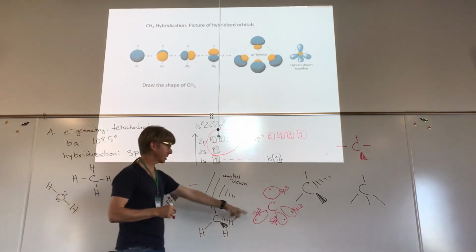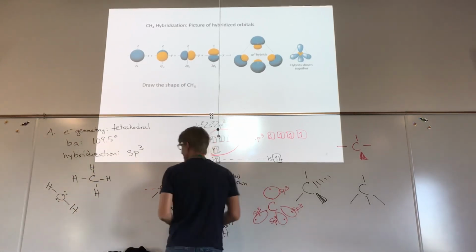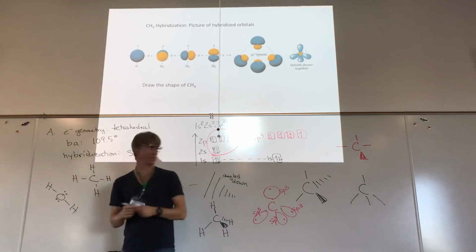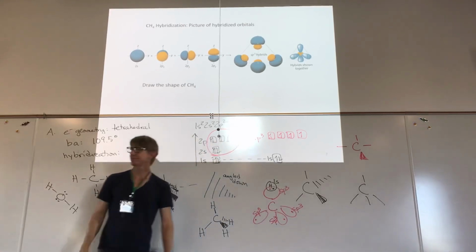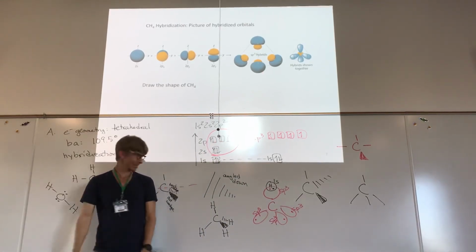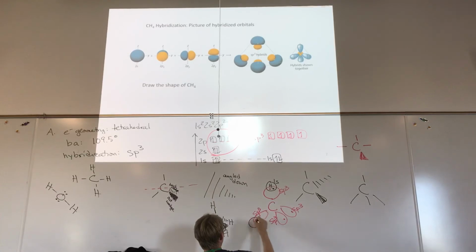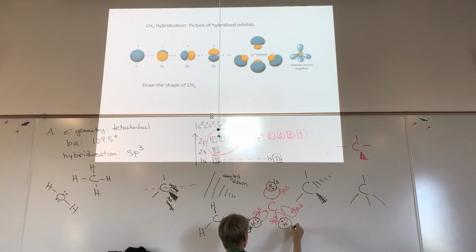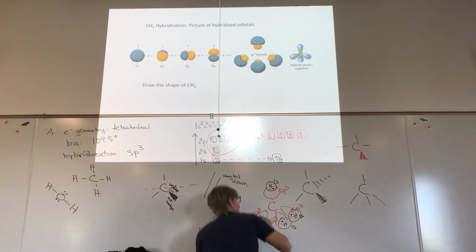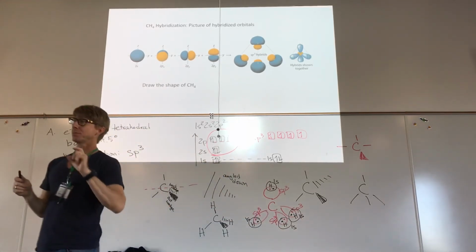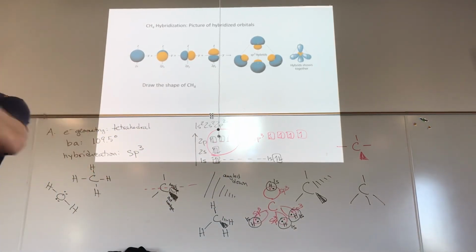But for an orbital overlap diagram, it can look something like this. And then these are hydrogens that bond with their 1s's. So label each of those as 1s. Because the one thing about orbital overlap diagrams that show the actual orbitals overlapping is each orbital must be labeled with what it is.